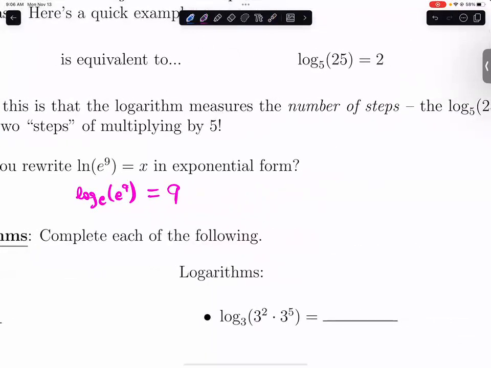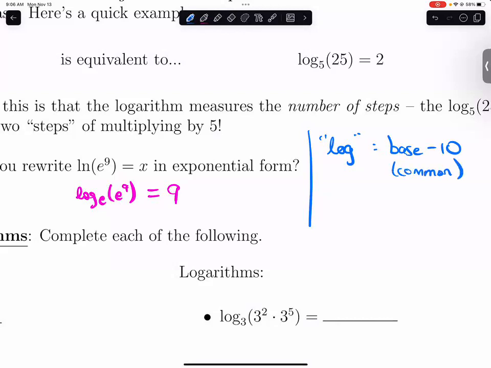Just in case we need the reminder, log with no base written means base 10, or the common logarithm, because we do everything base 10. ln means base e, or natural logarithm.